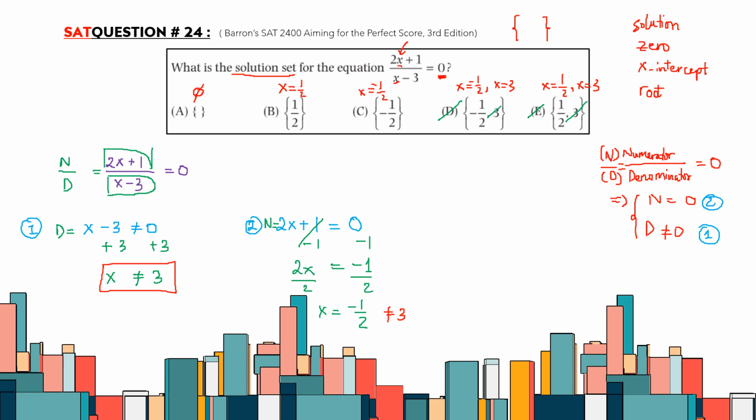This we call the restricted value. The restricted value means that if your answer equals 3, we won't have any solutions. So this is good. Then the solution is C.